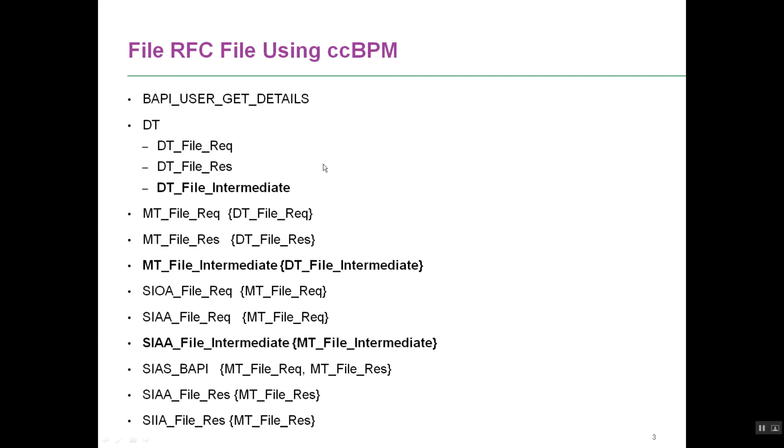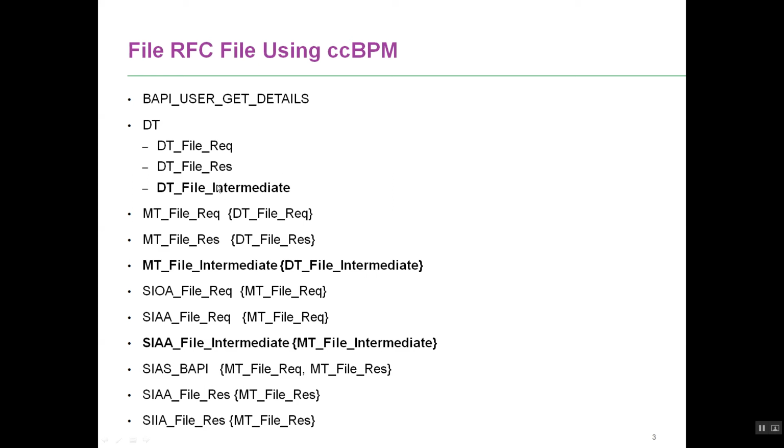So in terms of enterprise service repository, we would continue to use the BAPI user get details. We will have the file request and the file response, and the difference between the previous file RFC file scenario and this scenario is that you will build an intermediate data type called file intermediate. The reason is this request will contain 3 user IDs or 5 user IDs, whereas the intermediate structure would then have only 1 user ID.